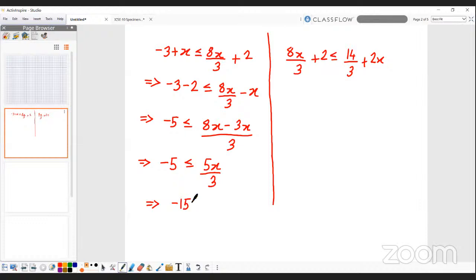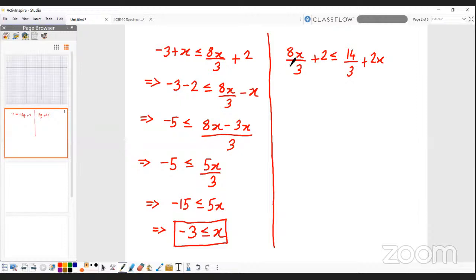So minus 15 less than equal to 5x. If you divide both sides by 5, that will give you minus 3 less than equal to x. So this is the result we are getting after solving the first inequality.